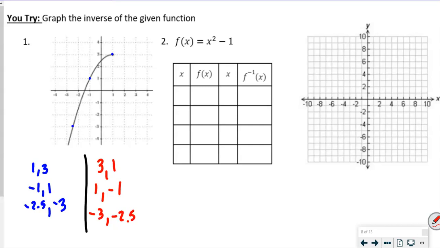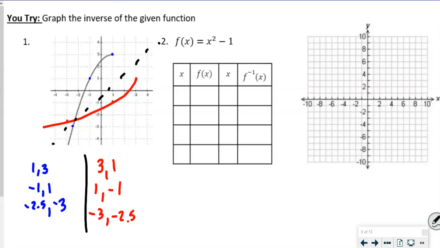Okay, so let's go ahead and plot those points. (3, 1) right there, and then we've got (1, -1) right there, and then we've got (-3, -2.5), which would be about there, right? So this is what our graph is going to look like. Yep, and then once again, look at that. It looks like a what? A reflection over that y equals x, okay?